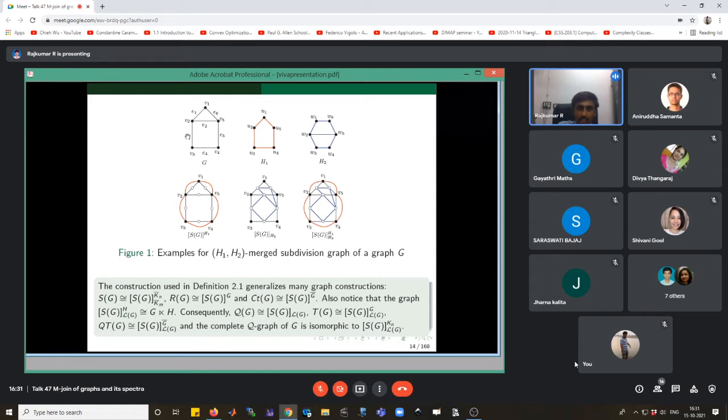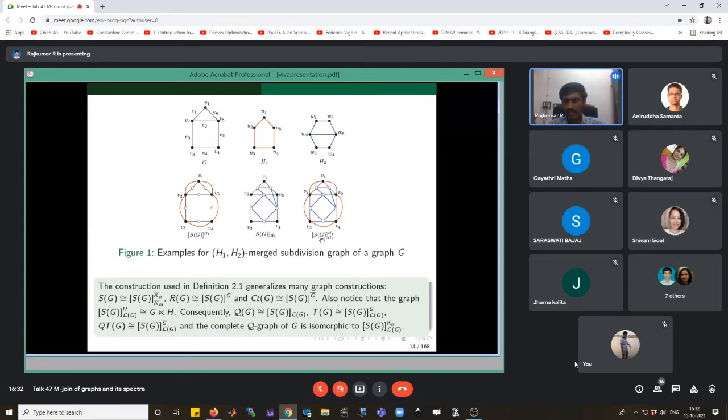Here we see e1 and e6, these two edges, are adjacent in H2, so the corresponding newly added vertices are adjacent here. Likewise e1 and e2.